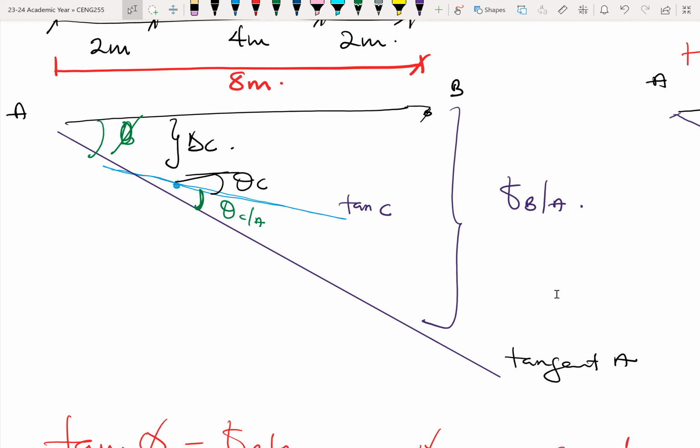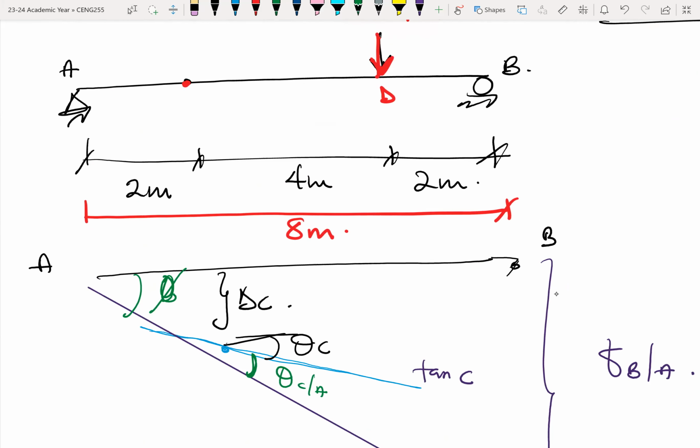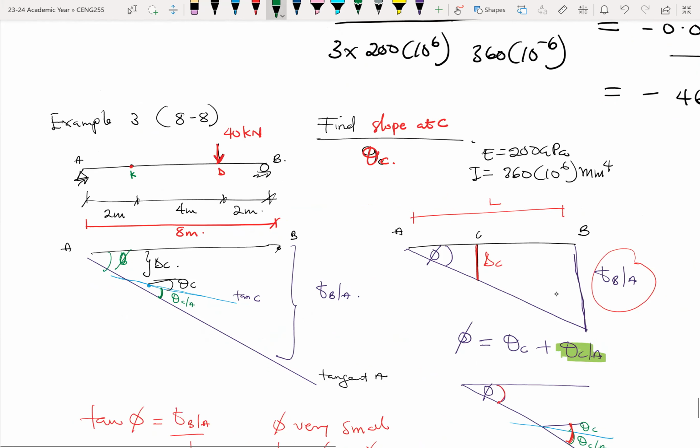It could be slope at K, it could be slope at M, it could be slope at Z. I'm just using variables. So instead of slope at C, I can call this point maybe point K, and find slope at K. So find theta K. It doesn't do anything. It's just variables. I'm just going with this because of what's in the textbook, so that we all have the same thing when we are going through it.